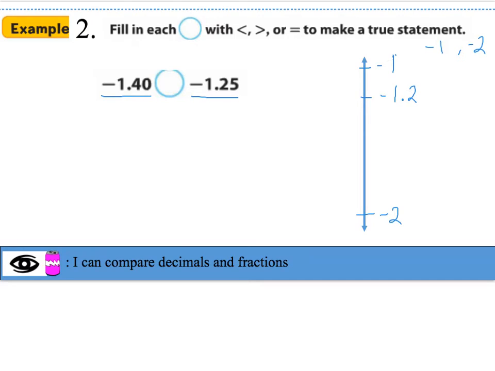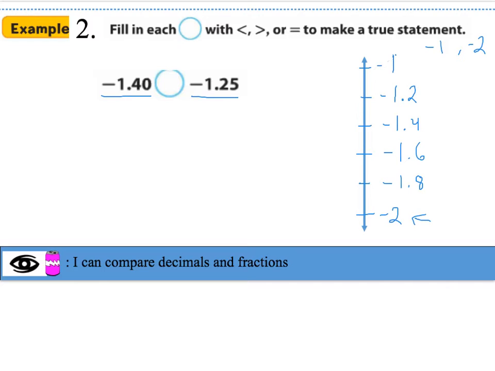And then somebody takes another 20 cents from me, I'm at negative 1 and 40 cents now. And take another 20 cents away from me, negative $1.60. Another tick mark would be negative $1.80. And if you take another 20 cents away from me, I'm ending up at my integer of negative 2.